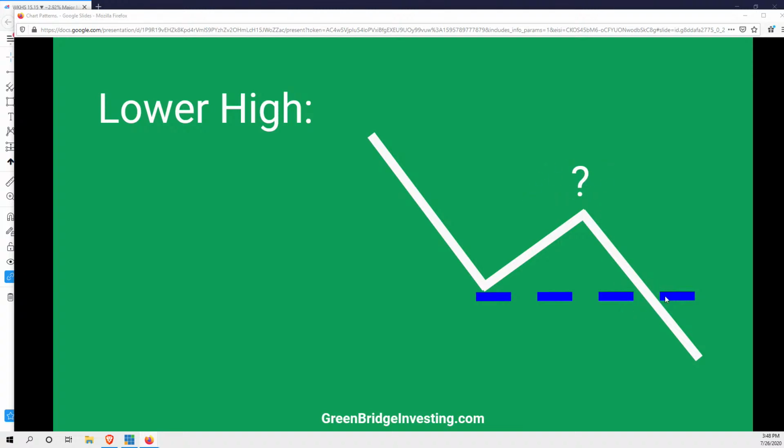Now, the typical thing is, when you get a lower high, what follows a lower high? I say this all the time. I'm sure DJ and Ankit know. Lower lows, right? Ankit got that answer right away. So wherever you get a lower high, what is likely to follow is a lower low. Now, this is where the context can help you determine that probability further.